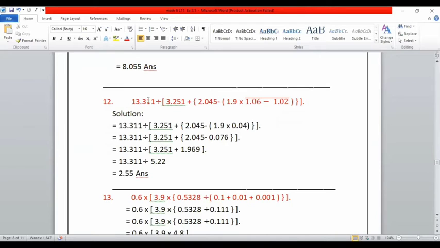First of all, question 12: 13.311 divided by large bracket started 3.251 plus curly bracket start 2.045 minus small bracket started 1.9 multiply bar of 1.06 minus 1.02, bar over, small bracket over, curly bracket over, and this large bracket over. Dear student, here all values we keep set.